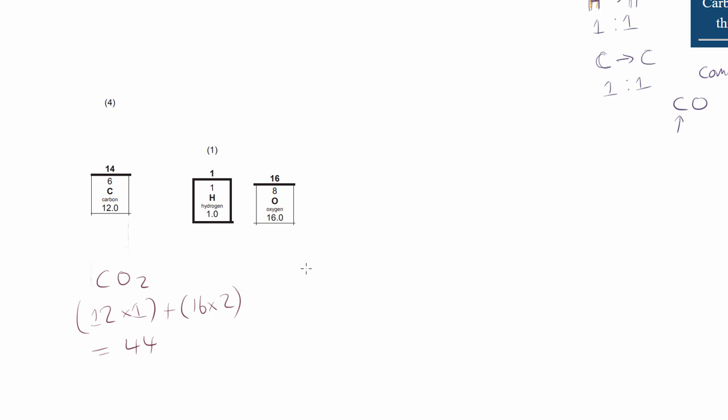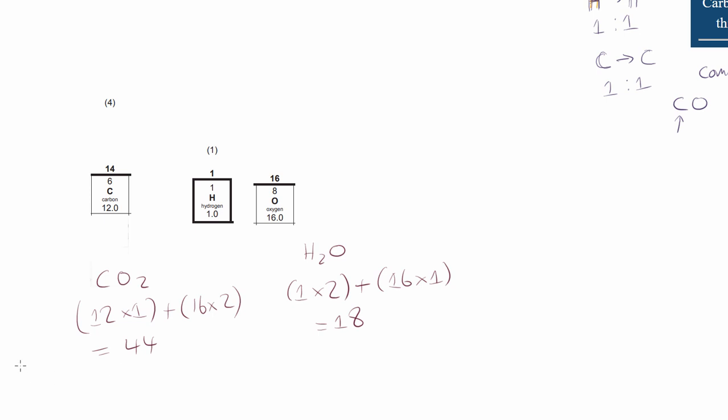And if we do the same for H₂O, in this case it's 1 times 2 plus what it is for oxygen, which is 16 times 1. If you work that out, you should get 18, okay?